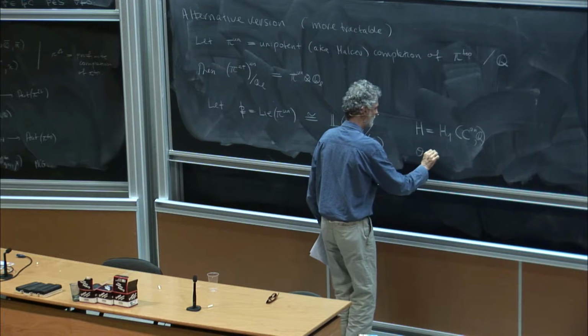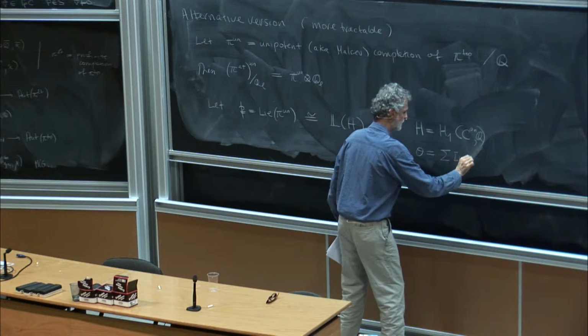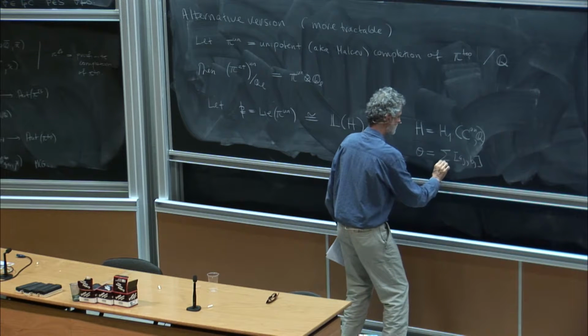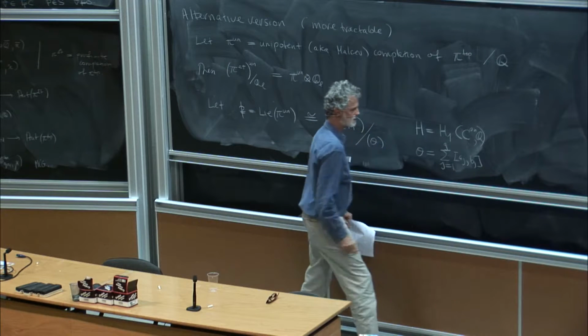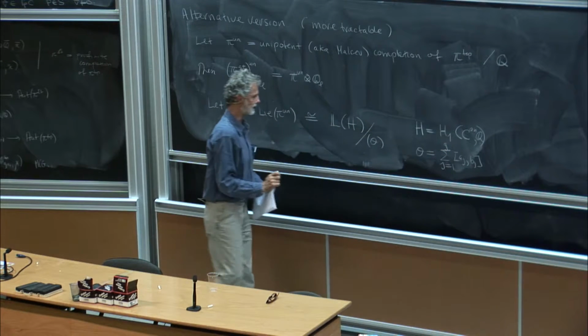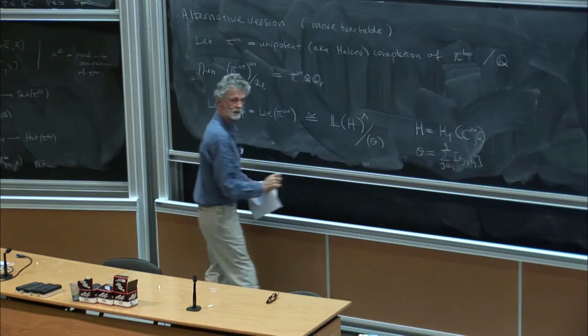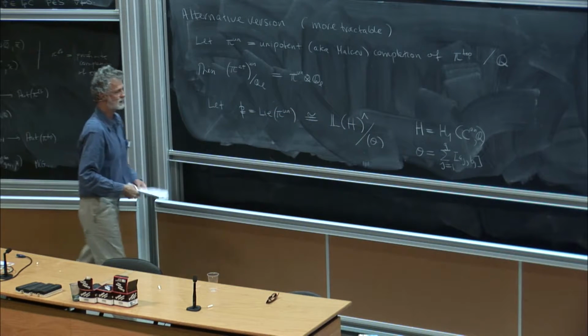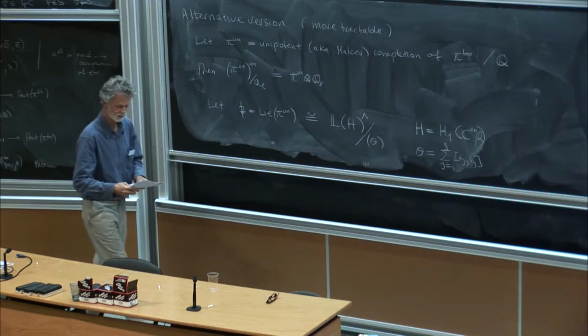Theta is the infinitesimal version of the usual relation, the sum of [a_j, b_j], j equals 1 to g, where a_j, b_j is a symplectic basis of this. And then you have to complete the whole thing, and this would be a closed ideal. To me, it's still a non-trivial fact that this is true, but you prove this, say, using Hodge theory.